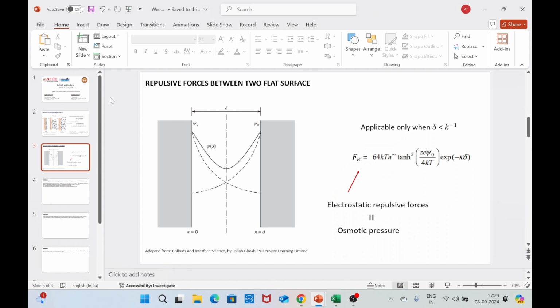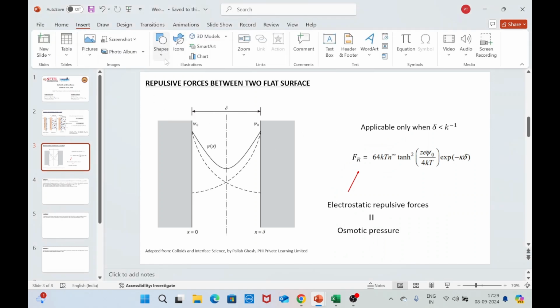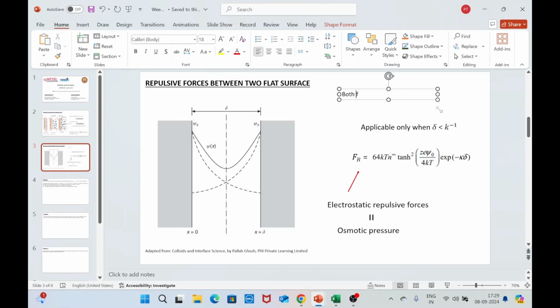So here we have taken both the flat surfaces to be of similar chemical composition, due to which they have the same surface potential on either side.